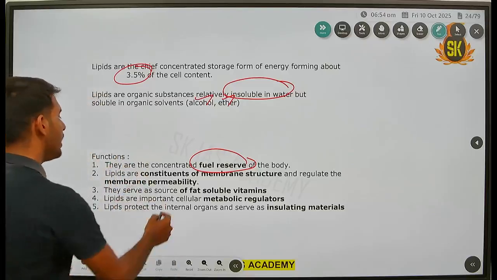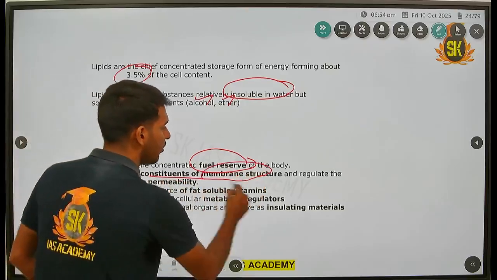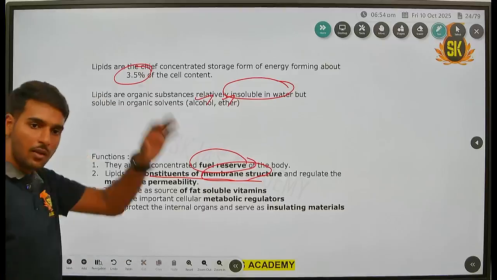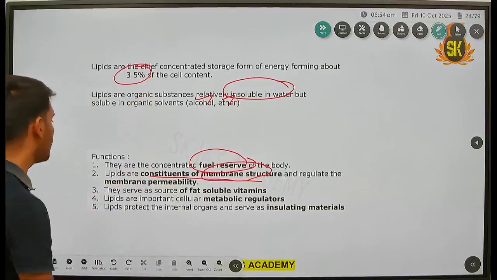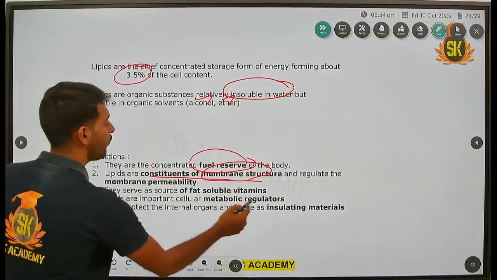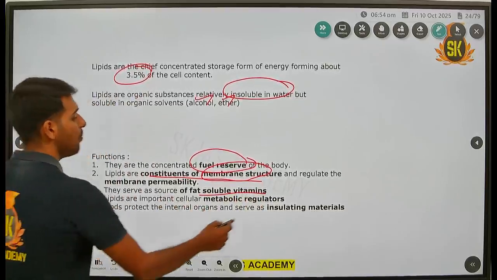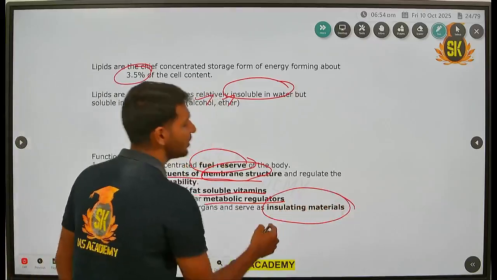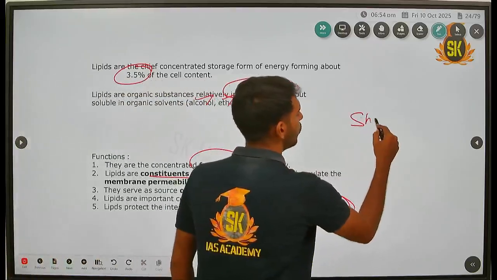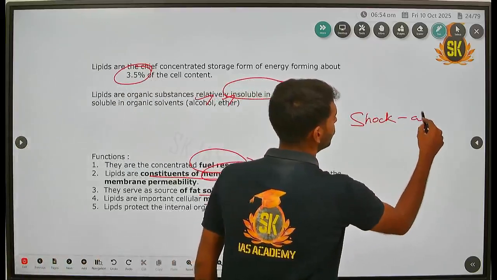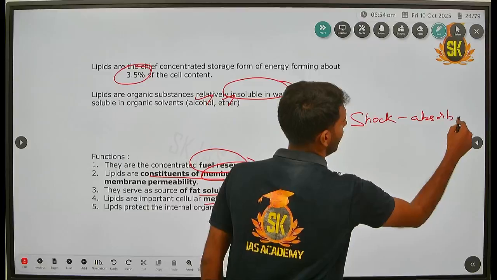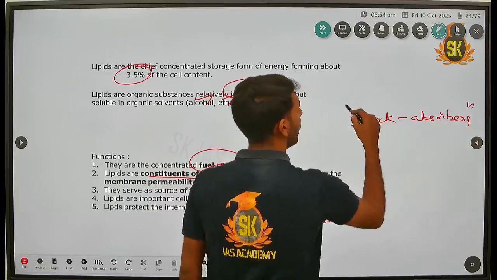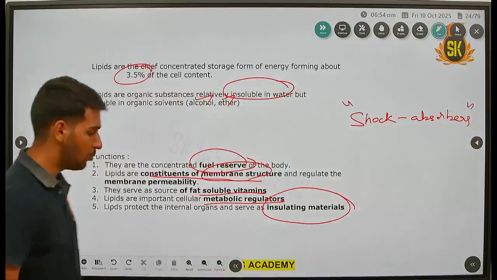It is the constituent of the membrane, as we already discussed, the phospholipid layer. They are a source of fat soluble vitamins, metabolic regulator, insulating materials, and also shock absorbers.